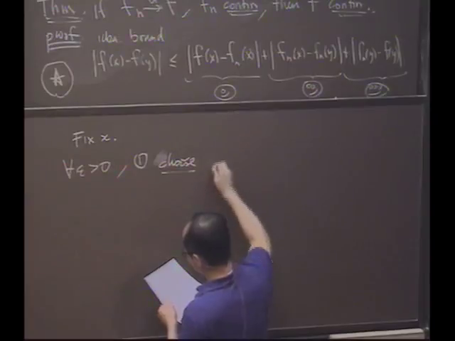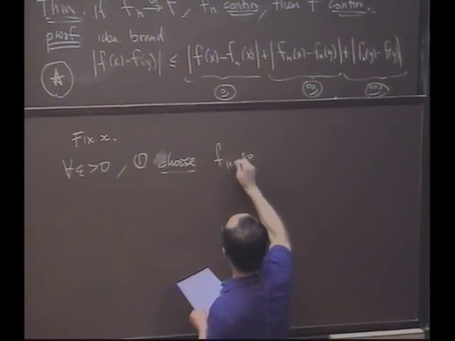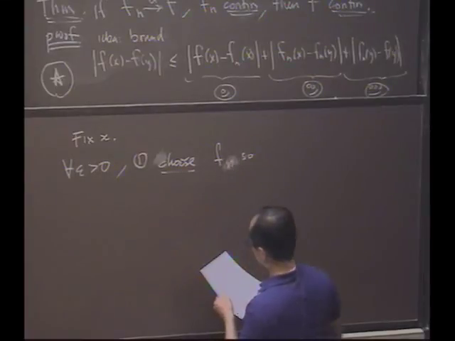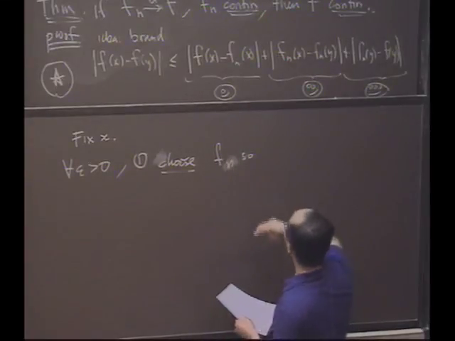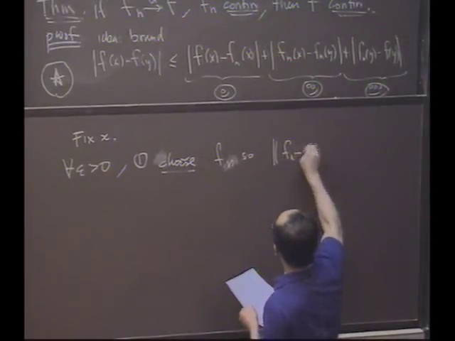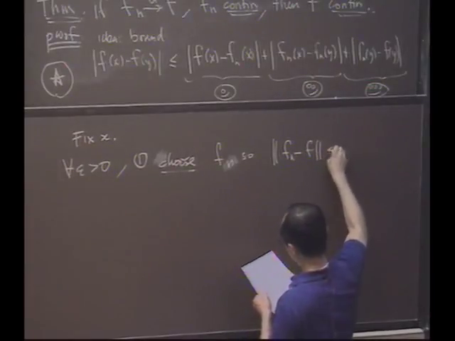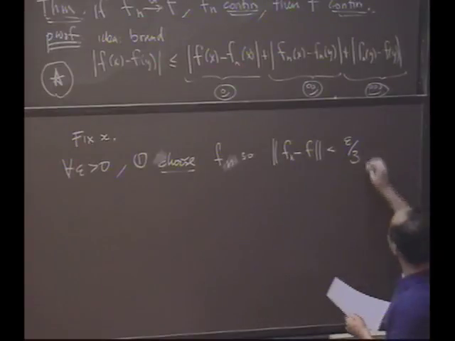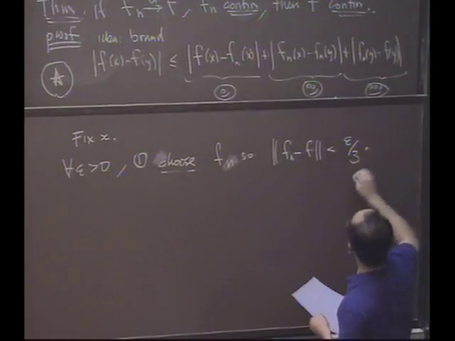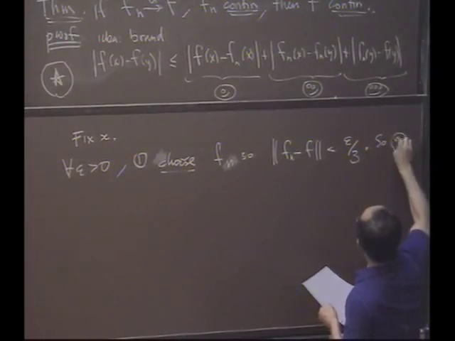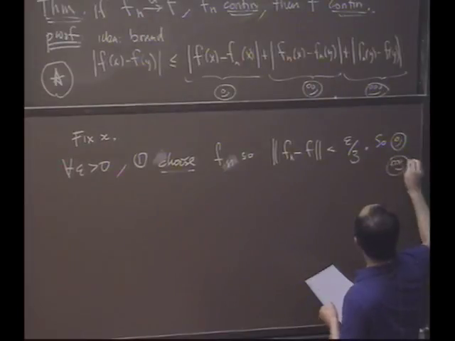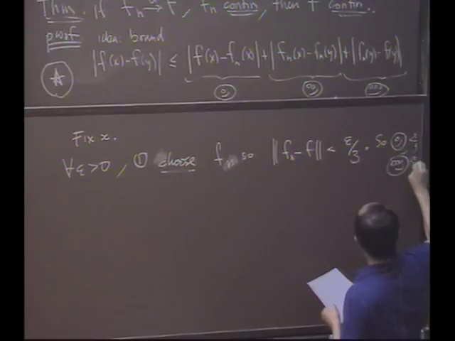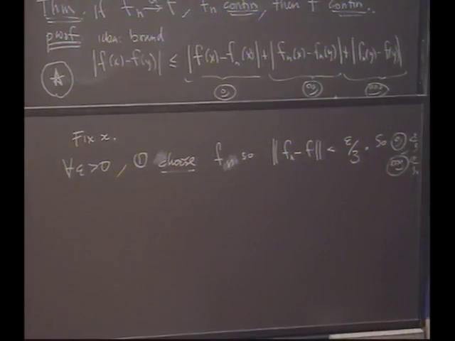We'll choose f sub n so that what's small? So that f sub n minus f is less than what? Let's make it epsilon over 3. Okay? So what this implies then is that cyclops and triple smiley are both less than epsilon over 3. Right? That's the first choice that needs to be made.